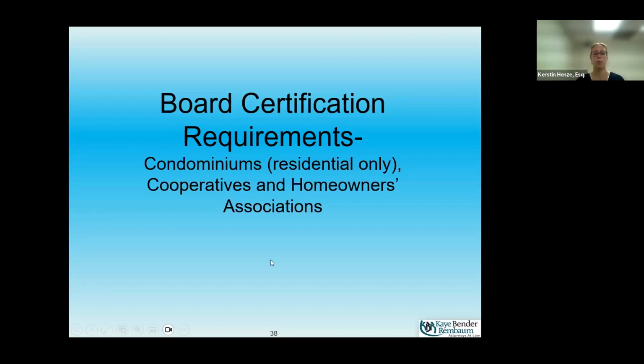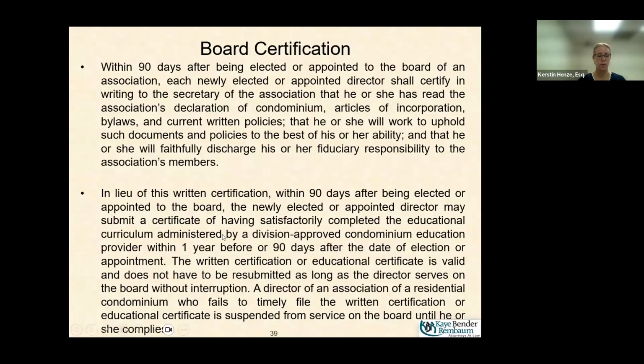Okay. Now, board certification requirements. Many of you are familiar with this. Essentially, within 90 days of being elected or appointed, a board member has to certify in writing that he or she has read the governing documents and will work to uphold the documents and faithfully discharge their fiduciary responsibility.